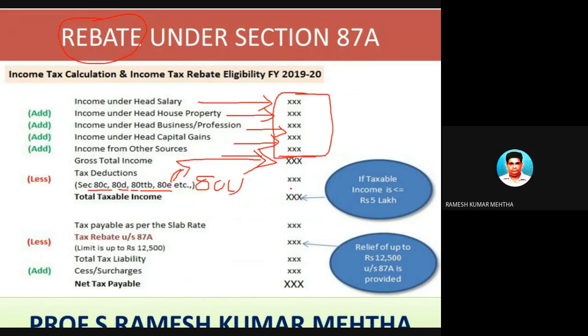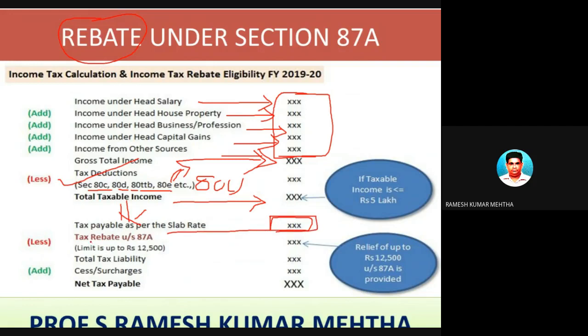After you have deducted from gross total income the amounts eligible under section 80C to 80U, you will get total taxable income. Now, on this total taxable income, you will find out using the tax slabs what is the total tax to be paid. So this is the total tax to be paid.